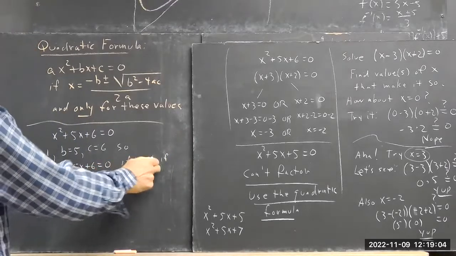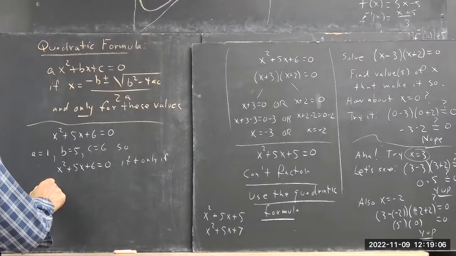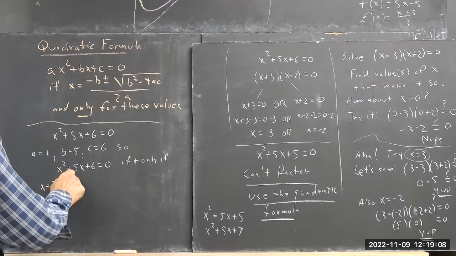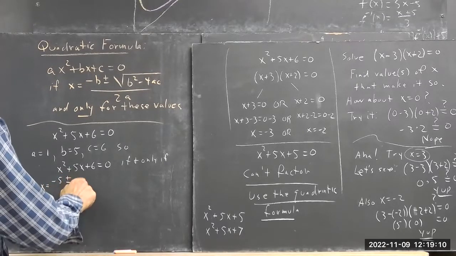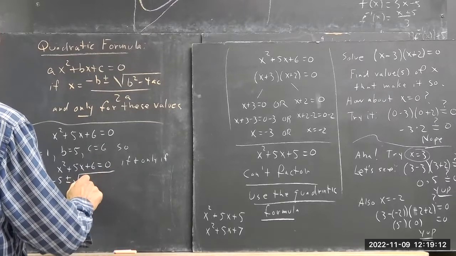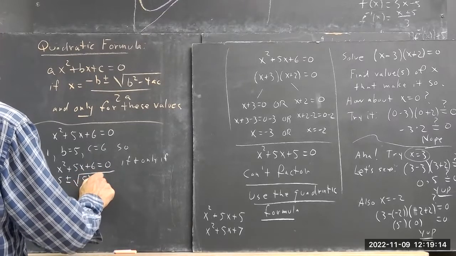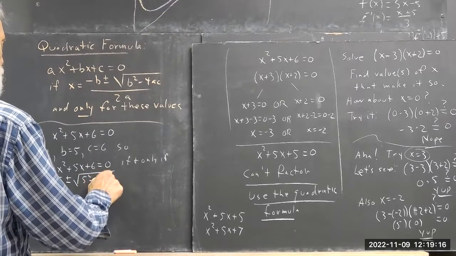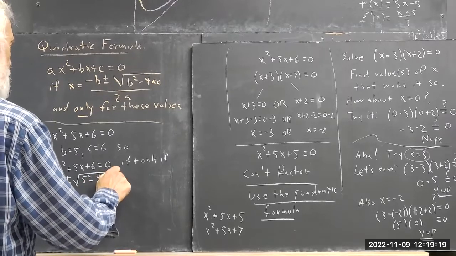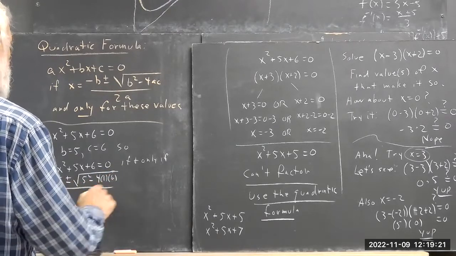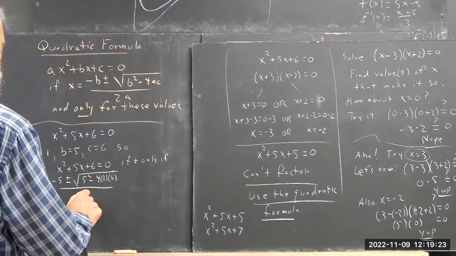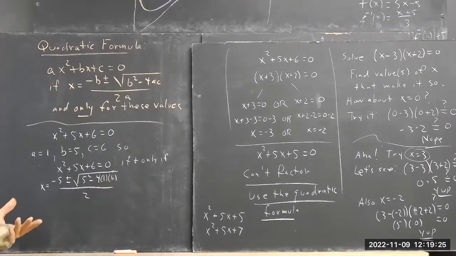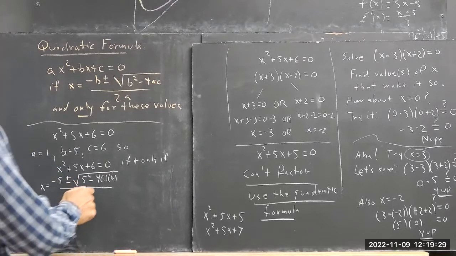This is 0 if and only if x equals -5 plus or minus the square root of 5 squared minus 4 times 1 times 6, all divided by 2.